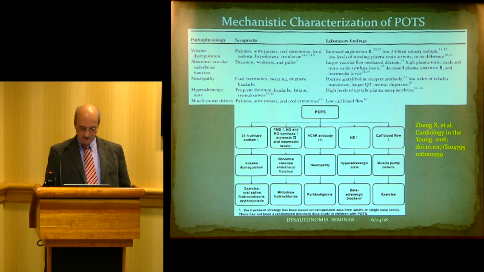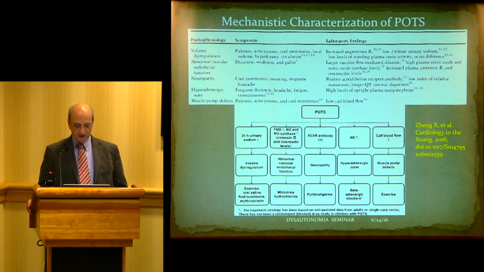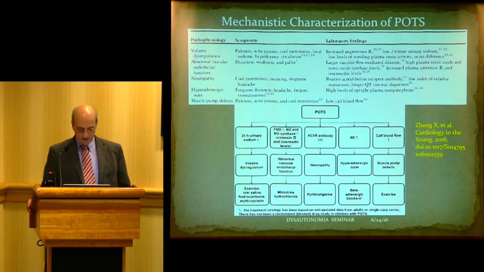If you do a bunch of these tests, you can sort of characterize POTS into a number of classes that is thought to have, or may have, some relationship to the pathophysiology. And if you do that, you could argue that you could pick out therapeutic agents that are most likely to help that problem.